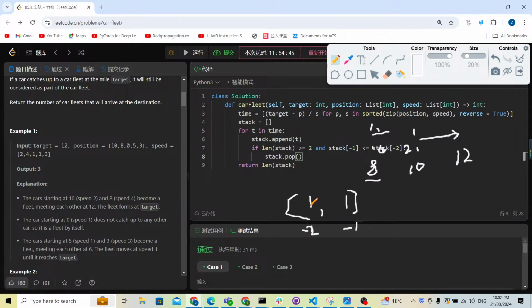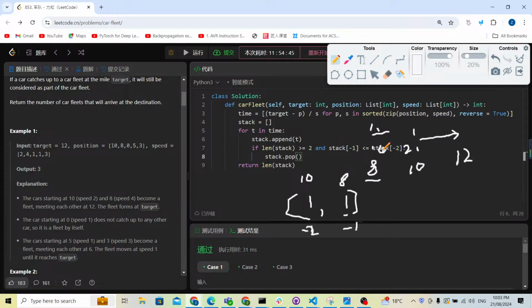This stack minus 2 is actually at position 10, but this stack minus 1 is at position 8. Because this time 1 is less than or equal to the stack minus 2, it means this one doesn't matter. I need to pop it out. It means at position 8, this one doesn't matter, so I need to pop it out.